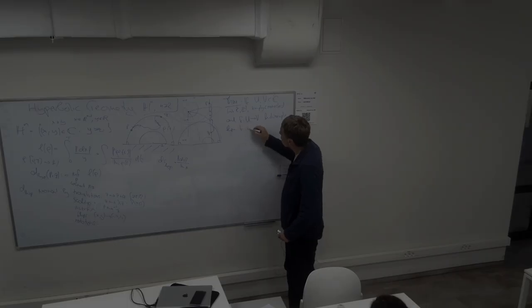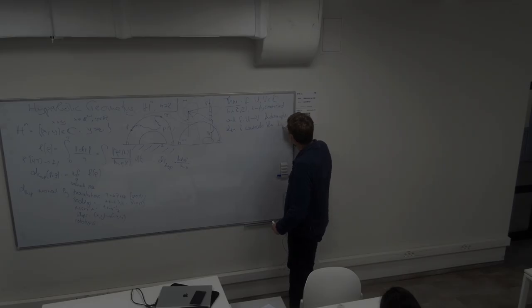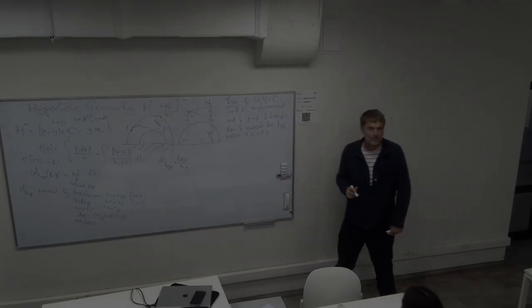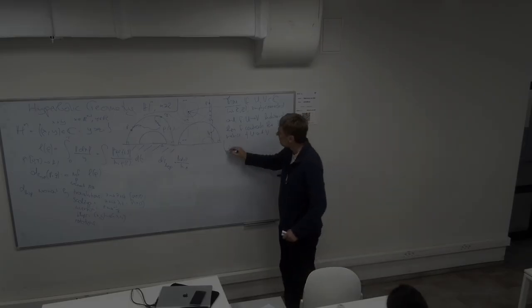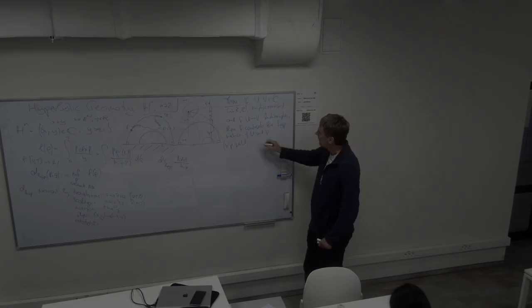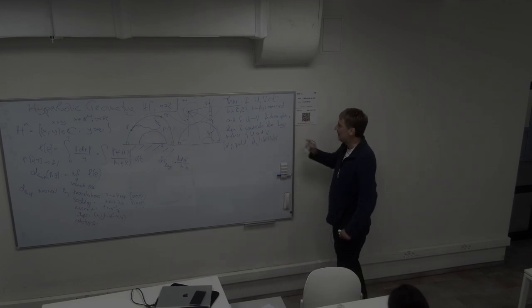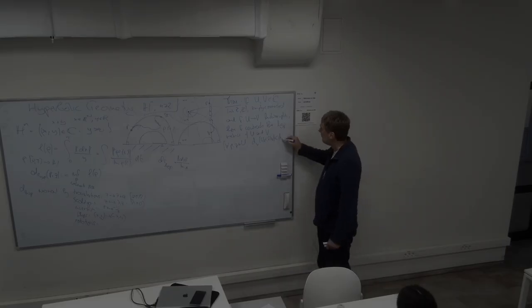Then F contracts the hyperbolic metric of U and V. In the sense that for all P and Q in U, the hyperbolic distance of the images F of P, F of Q is usually smaller, but could be the same, as the distance in U between P and Q.